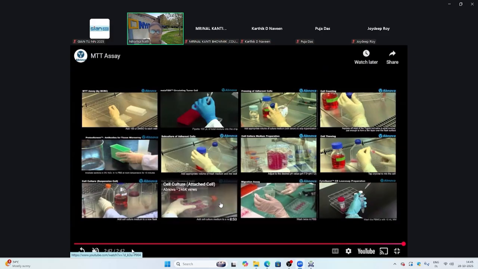So I would like to just show you for a bit how cell culture is done. Let's say these are breast cancer cells or whichever.